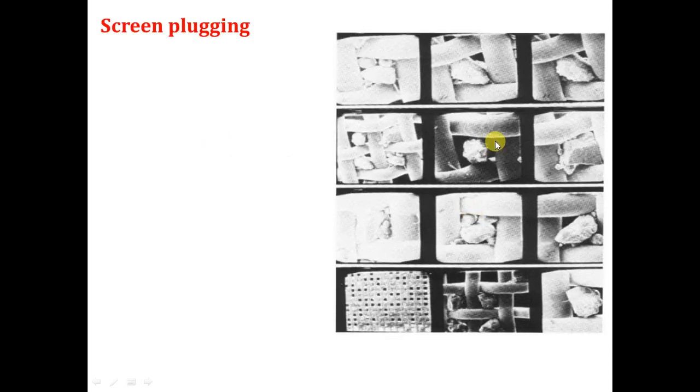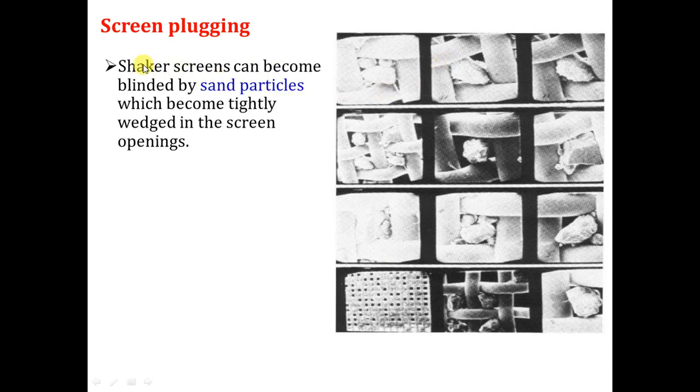For example, this is also a plugging, this is also a plugging. All these are plugging for the screen. The most common case of screen plugging is sand particles, which become tightly wedged in the screen opening.